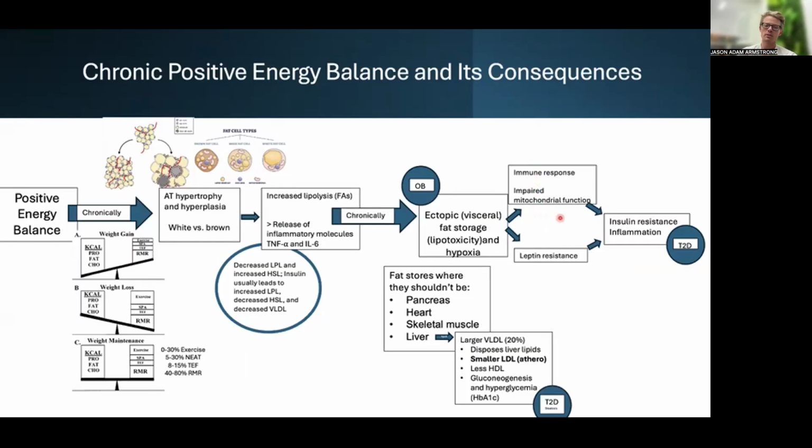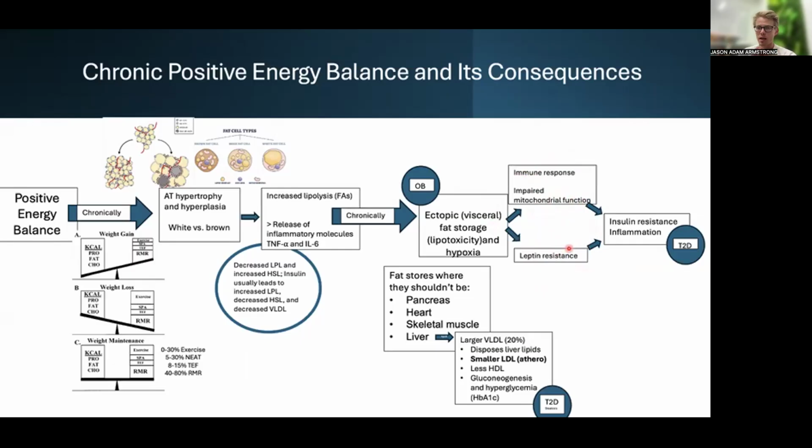The other molecule that's supposed to be in this little box here for you is adiponectin, which decreases inflammation. So the immune response and the impaired mitochondrial function actually cause a decrease in adiponectin, right? So we're not having that anti-inflammatory response, and it causes an increase in TNF alpha, IL-6, and CRP.